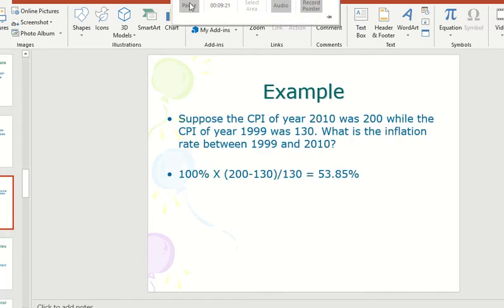So let's come back. Suppose the CPI of year 2010 was 200, while the CPI of year 1999 was 130. What is the inflation rate between 1999 and 2010?